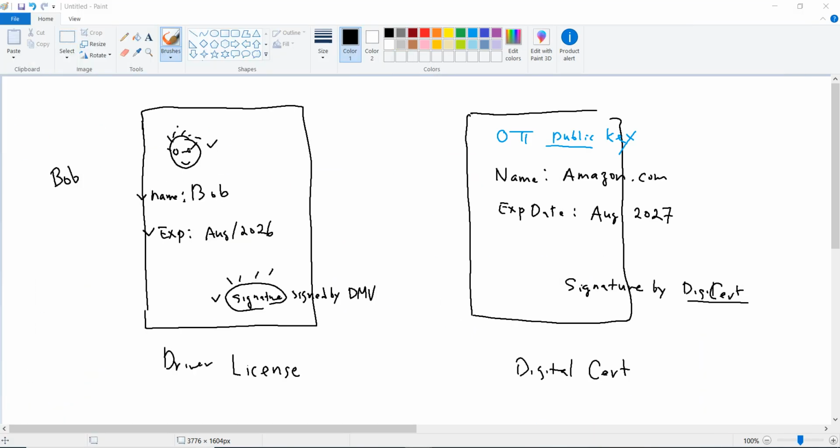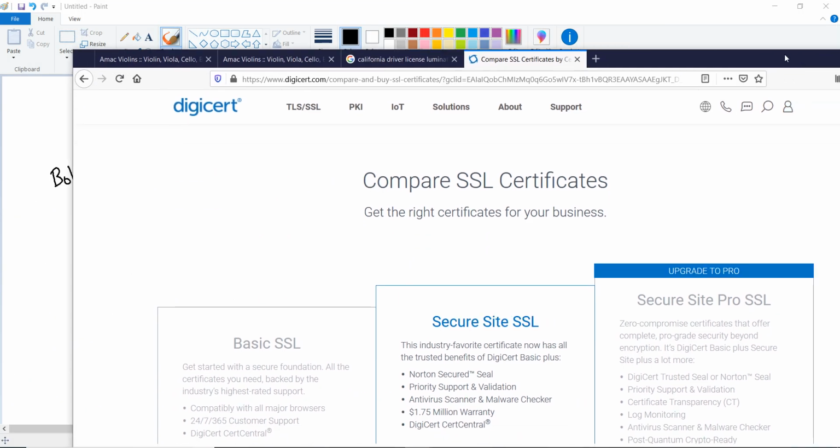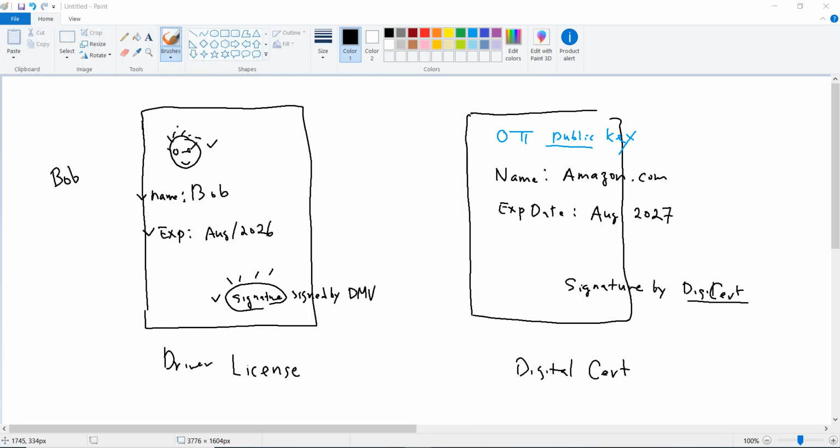There used to be another company called VeriSign, and I think VeriSign is now purchased by Symantec. But it used to be a very famous certificate issuer.